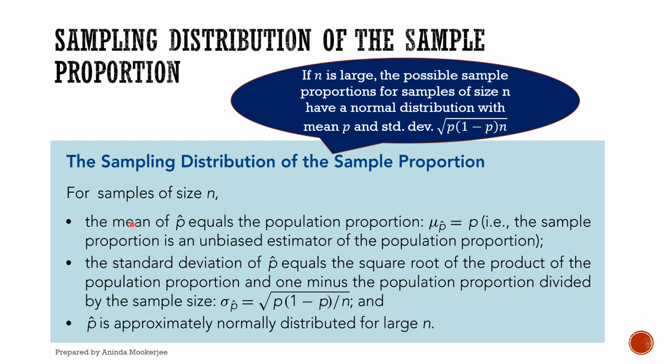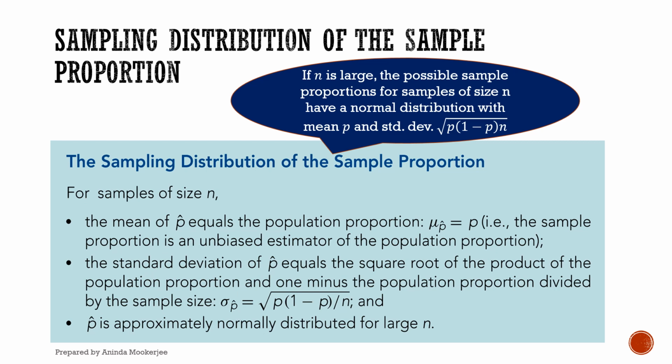We try to understand how the population mean is related to the mean of all the sample means. Now, here we are talking about population proportion. So the mean of all sample means will be equal to whatever the population proportion is. All right.